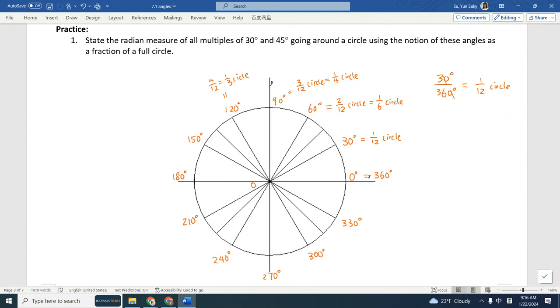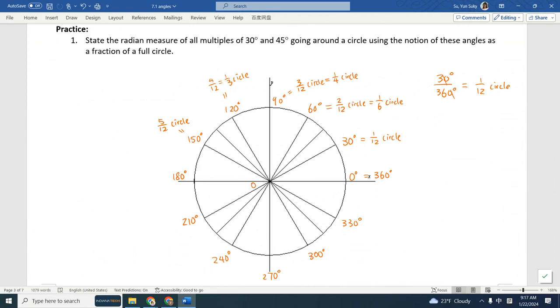All right, and then keep going. How about the next one? Do you know that, Erica? This is 4/12, and this one is 5/12. We increase by 1, so 5/12 of a circle.